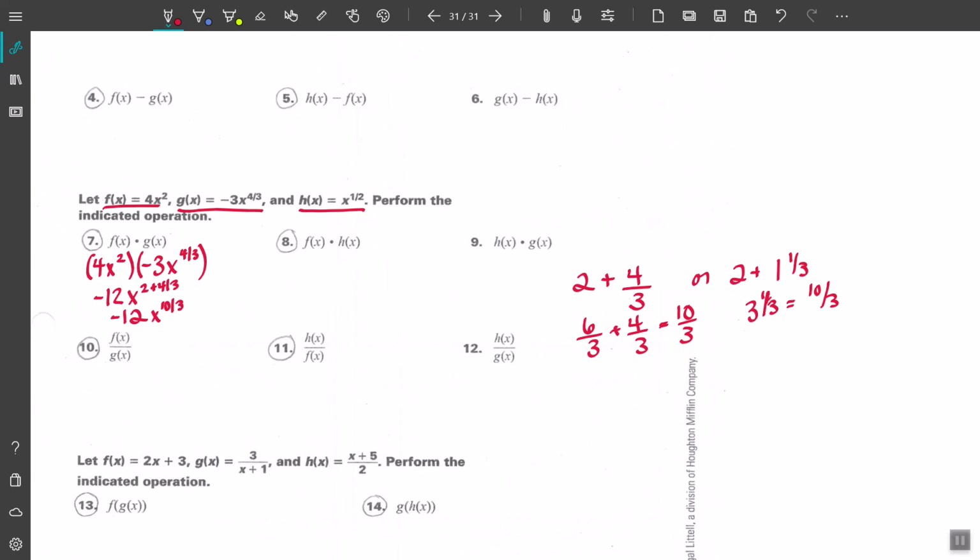All right, so on number 8, we're going to do the same thing, except now we're multiplying 4x squared times our h of x, which is x to the 1/2. We're going to follow the same exponent rules that have been true up to this point. Multiply the two coefficients, 4 and 1, and we're going to get 4. Rewrite the base, and we're going to add the exponents.